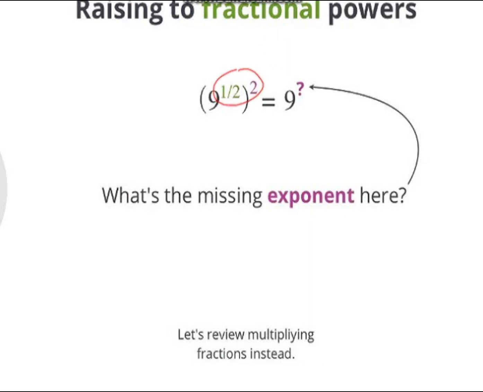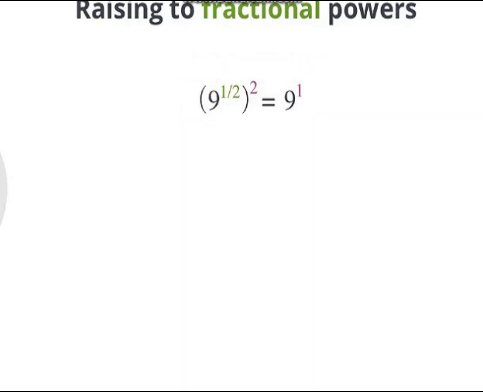Right, 1/2 times 2 equals 1, so this equals 9 to the 1st power, and any number raised to the 1st power is just that number, so this equals 9. Interesting. So whatever 9 to the 1/2 is, when you square it, you get 9.